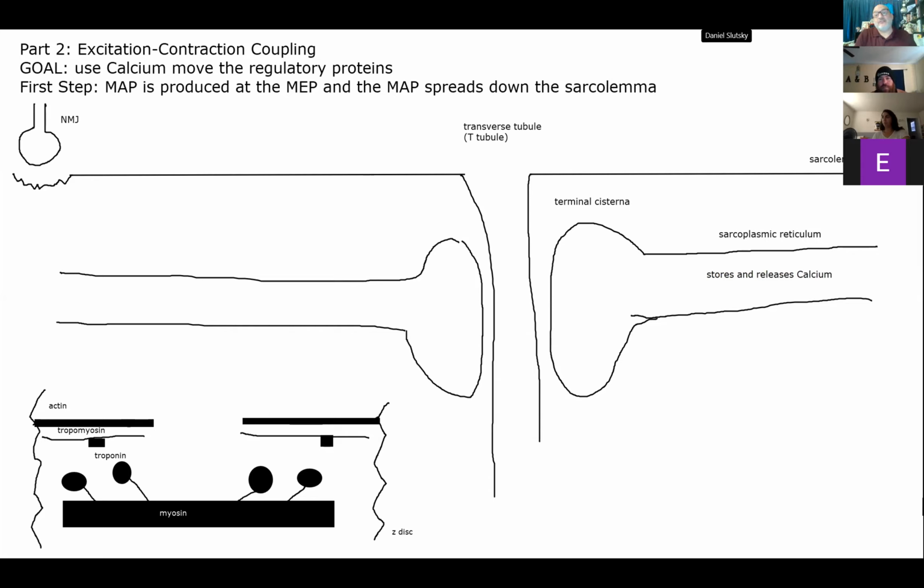One of the ways, actually two of the ways we do that is, as we know, there are calcium pumps, and we are going to have some of those calcium pumps. Calcium pumps, of course, use ATP, and they use that ATP to move calcium into the sarcoplasmic reticulum. And remember, we also talked about outside of the matrix of bone, we have the highest level of calcium inside these sarcoplasmic reticulums of our body.